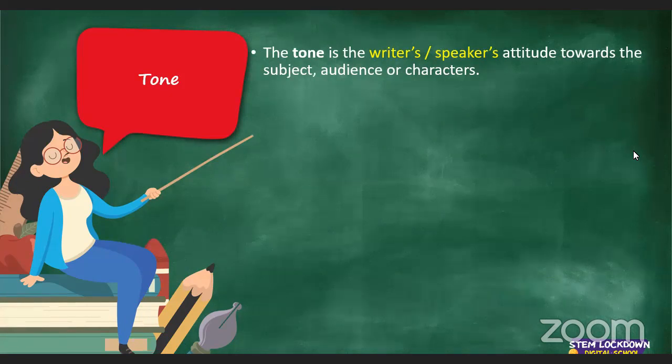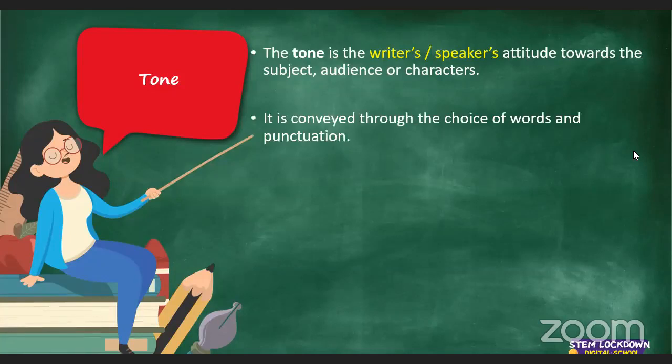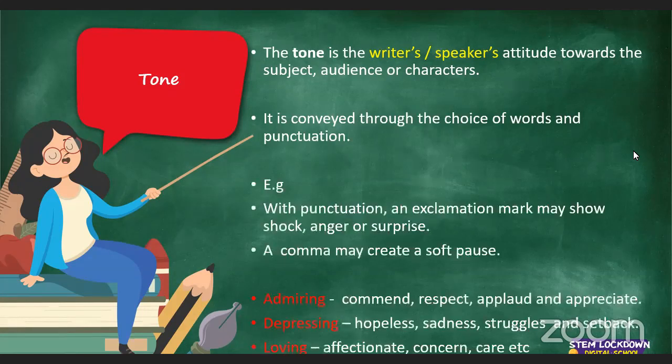But then again, the question is, how do you do that? Normally, the speaker's attitude towards the subject or the characters is conveyed through the choice of words and punctuation. So you are able to identify the tone of the speaker through the words that they use or even the punctuation that is visible.